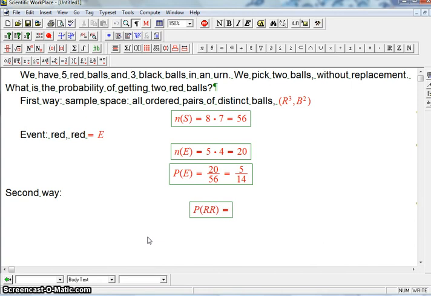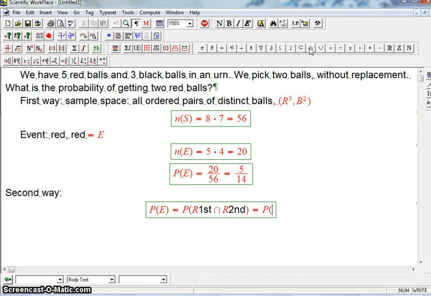Well, that's an intersection. That's really red first, so I'm going to decorate it. Intersect with red second. Okay, that's what we really want. And that's E. I was calling that E before. Okay, but now we're highlighting the fact that it's an AND condition. Red first and red second.